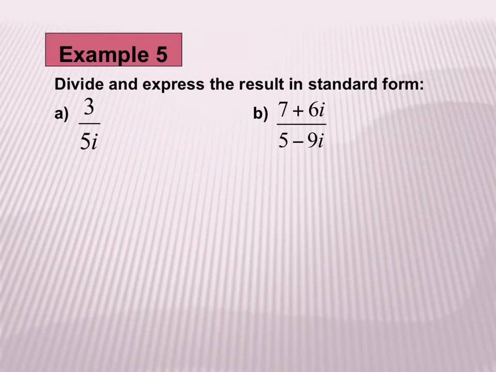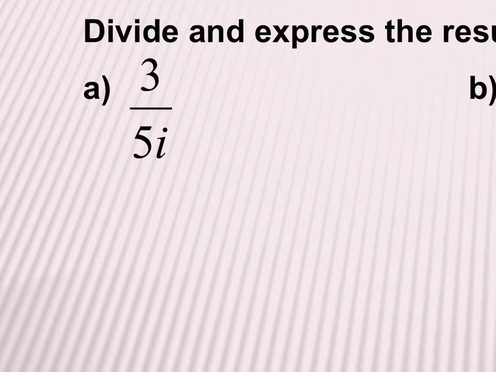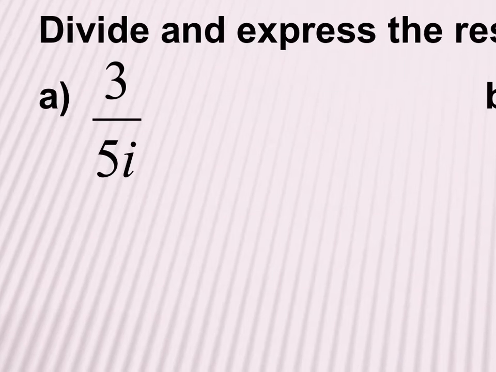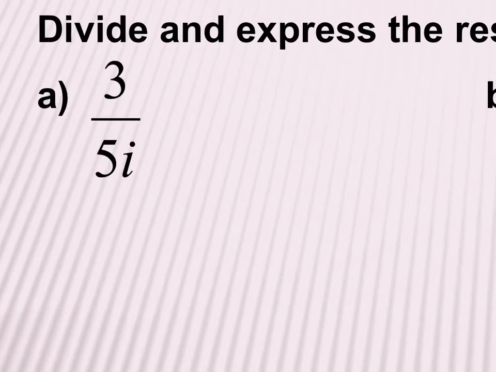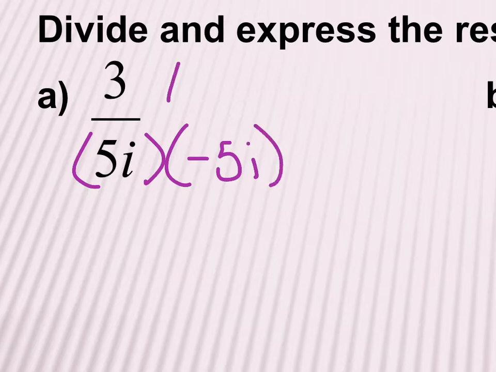Divide and express the result in standard form. So what's the conjugate of 5i? Good. Negative 5i. So I write negative 5i there and negative 5i here. I'm multiplying both the numerator and the denominator by it.